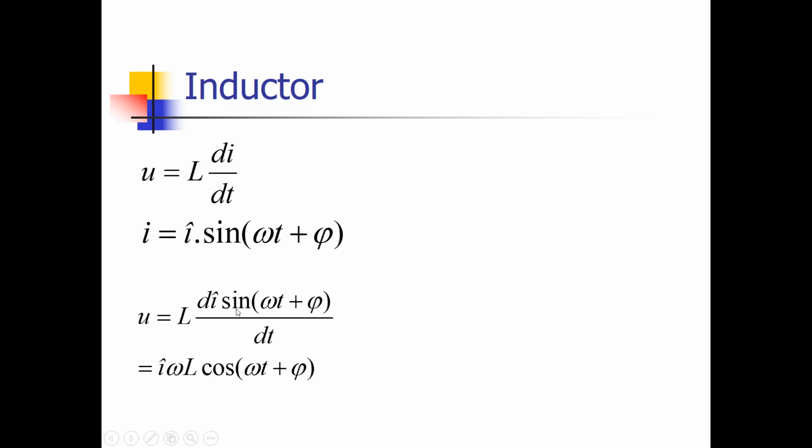The derivative of a sine is a cosine, which is standing over here. And then we have to use the chain rule and take the derivative of omega times t, which brings us an omega. And then we have U is the top value of I times omega times L times the cosine of omega t plus phi.